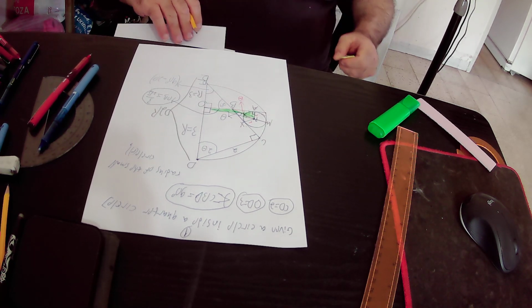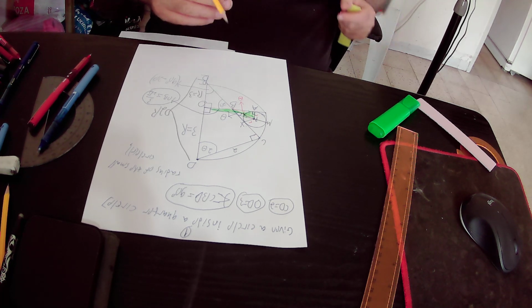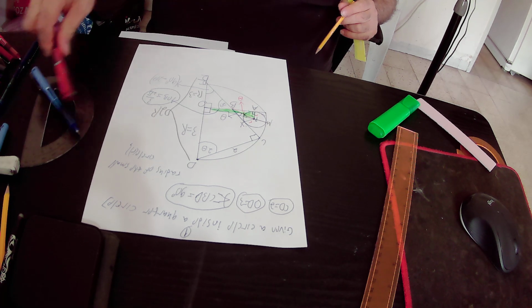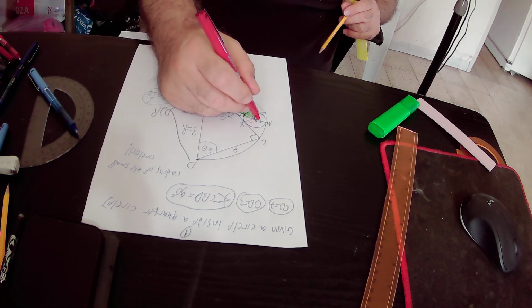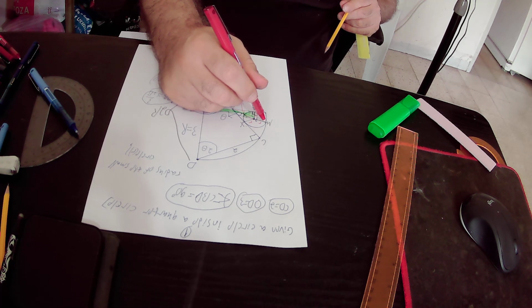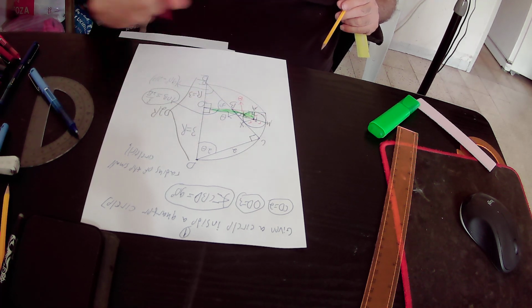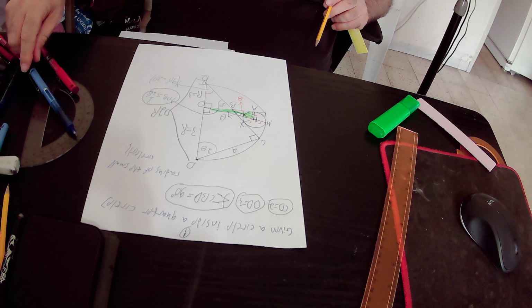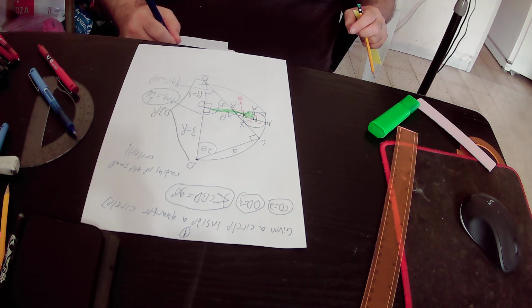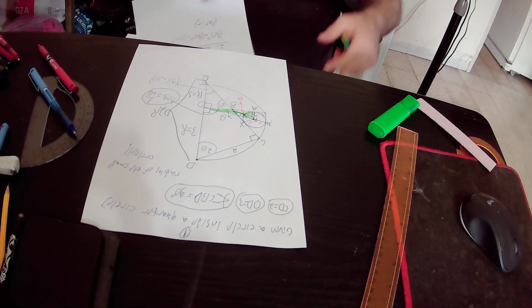So actually MP is the radius of the small circle because it starts from the center of the small circle, that is point P, and ends at point M, a point on the small circle itself. So MP equals small r.